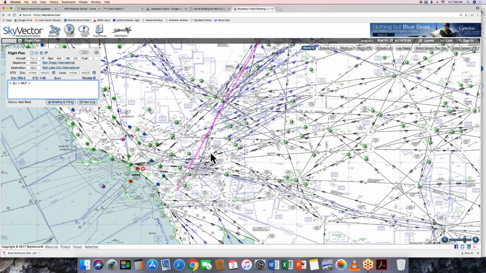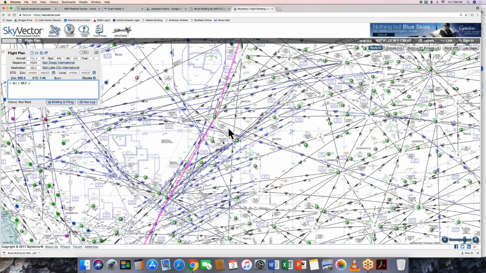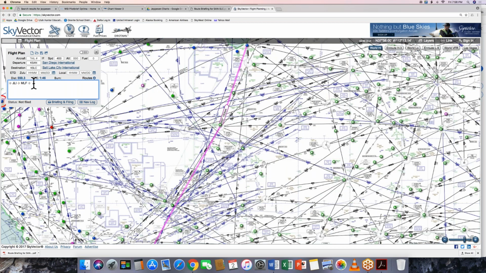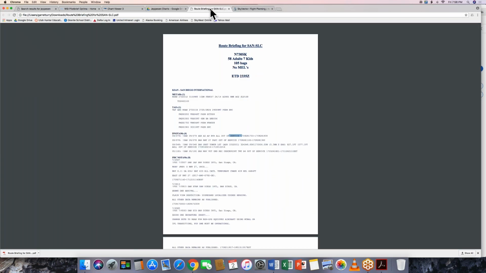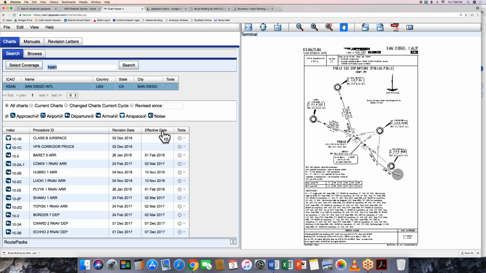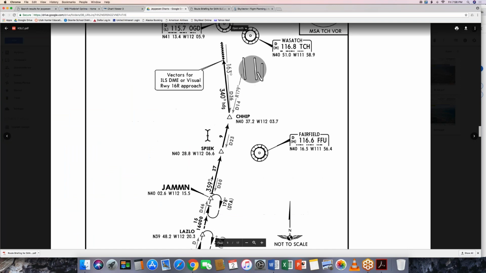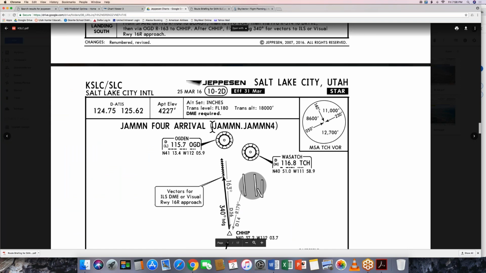Okay, so we've got our departure and we got our arrival entrance point, okay? What's cool here is now that we know what arrival we're going to be using, we're going to be using Jamin 4.